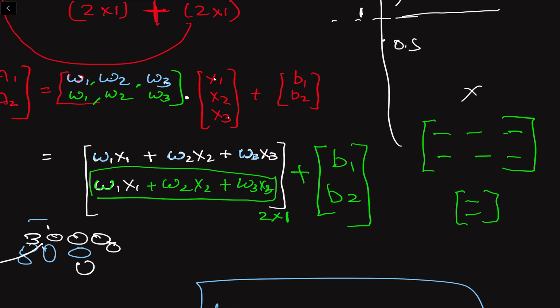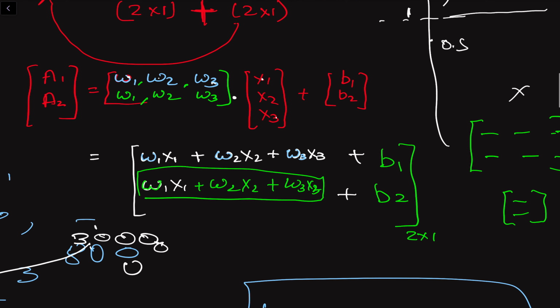Okay, so B1, B2 have the same 2x1 dimensions, so we can just add it to each element. I'm going to take out these brackets and just put a plus here. So the resulting matrix is also a 2x1 matrix.